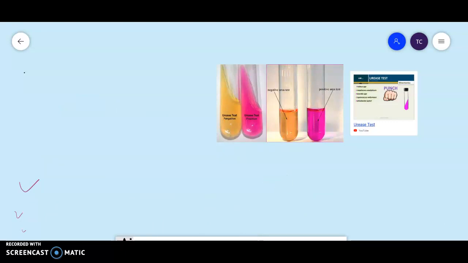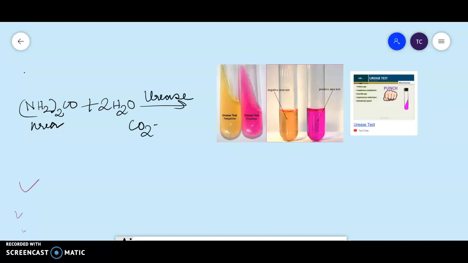The equation is NH2 twice CO, that is your urea, plus twice the molecule of water, in presence of urease, will produce carbon dioxide, a water molecule, and 2 molecules of ammonia. And this ammonia will make your test positive because of the change in the color of the medium.